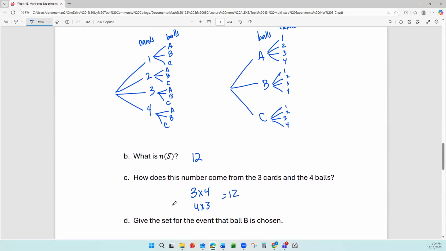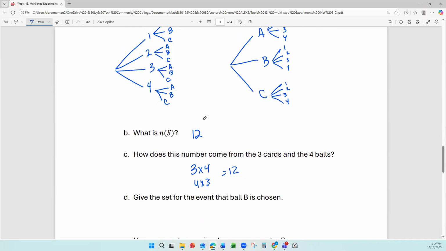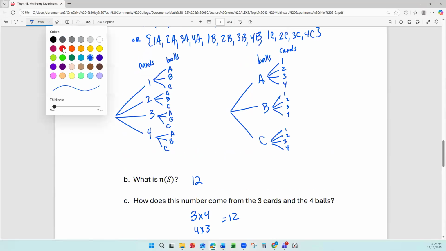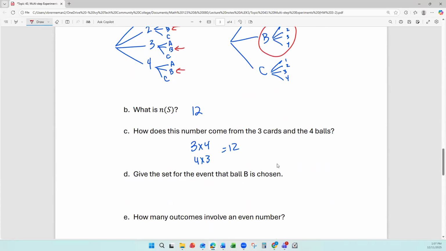All right. The event that ball B is chosen would be, in the first tree diagram here, the middle sort of twig on each branch, versus in the second one, it's just that whole B branch. But it's going to be, say, 1B, 2B, 3B, 4B.